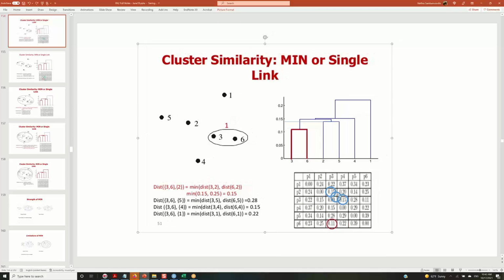So many things going on, right? All these things are connected. That's what it says here. 3 and 6 already connected. 3 is connected to 2, and then 3 is connected to 4. By way of this 0.15, it is connected to 4.